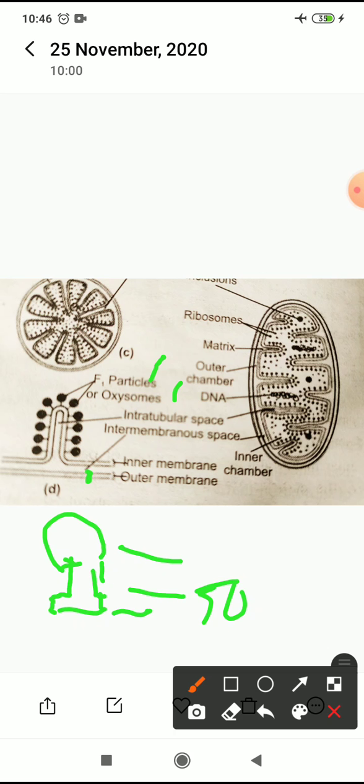And the process of electron transfer or oxidative phosphorylation takes place on the oxysomes or F1 particles, which are present on the surface of cristae. So this is the overall importance of mitochondria in aerobic cell.